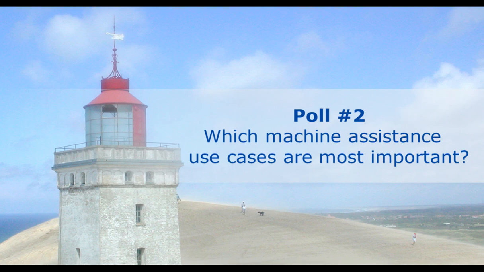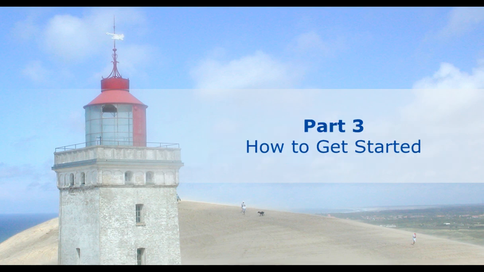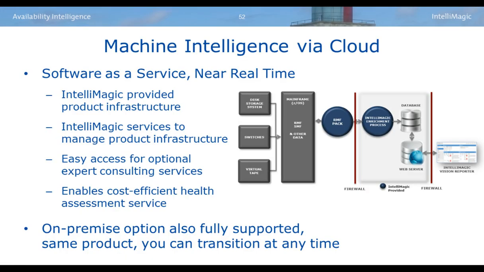Everything has some interest. Interesting that the first 2 cases are the highest, and forecasting is maybe second. So I appreciate your feedback very much on that. You can get the results, I think, in the webinar recording afterwards if you want to spend some more time on that. But let me jump to just one slide on part 3 to help you understand how this kind of intelligence from IntelliMagic at least can be consumed.